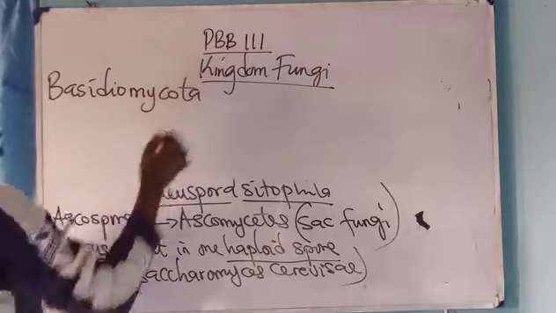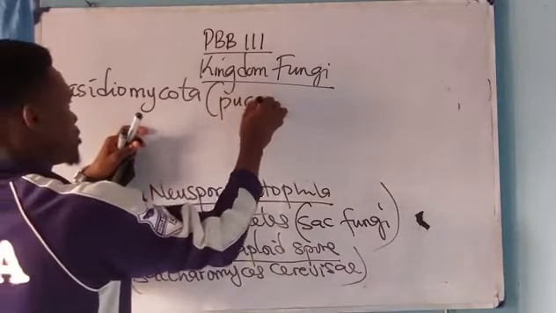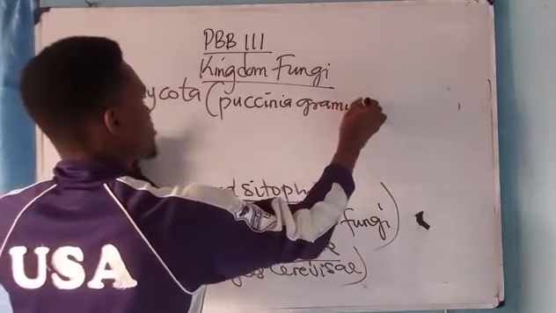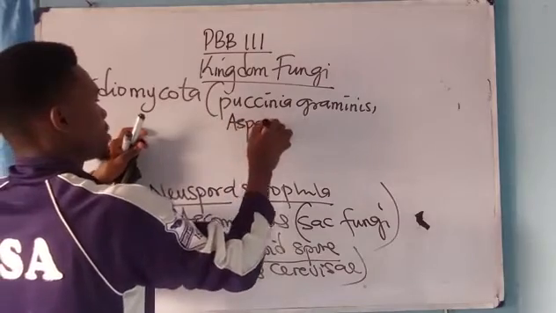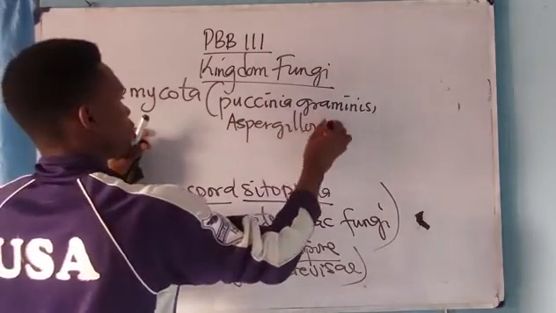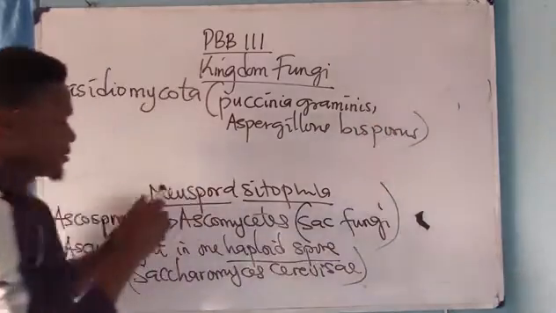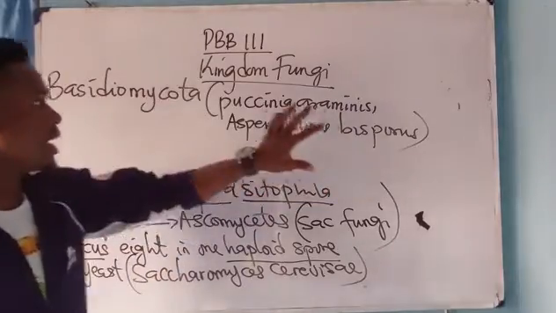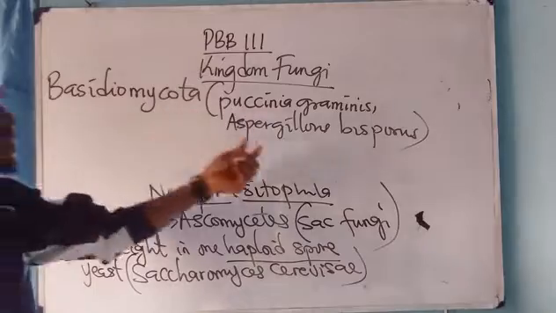Examples are Puccinia graminis and Agaricus bisporus. These are examples of Basidiomycetes.